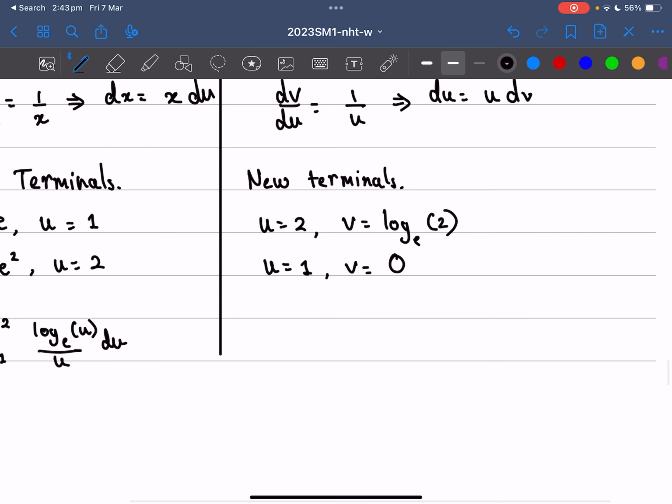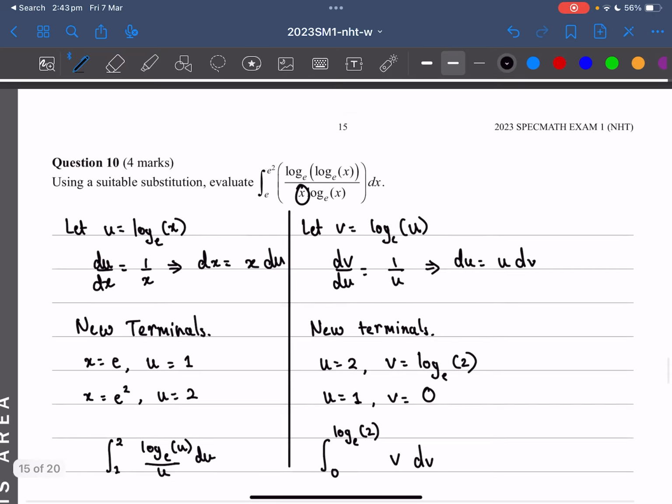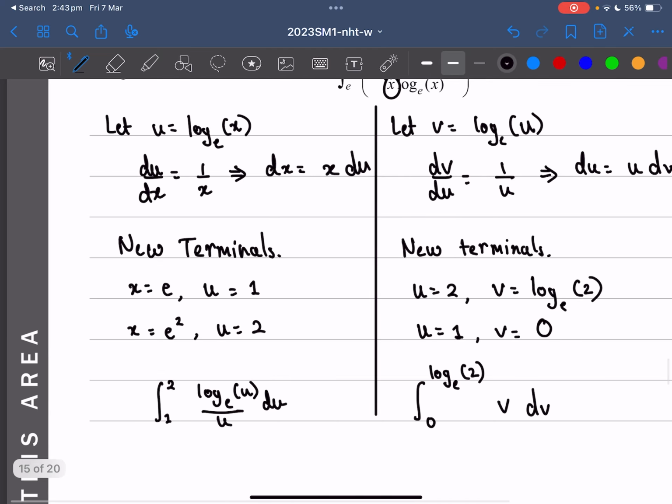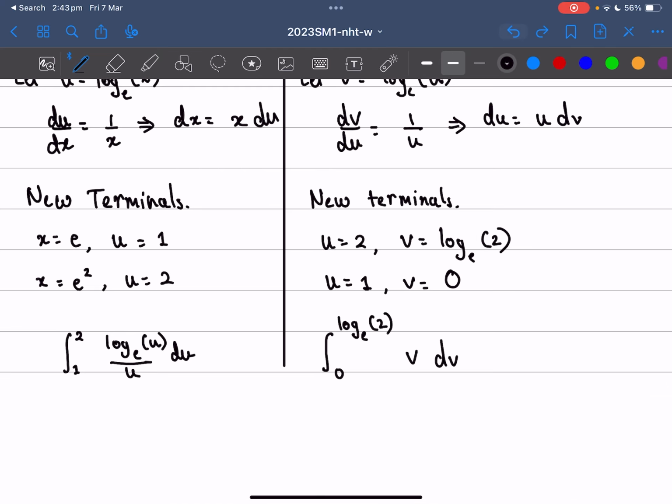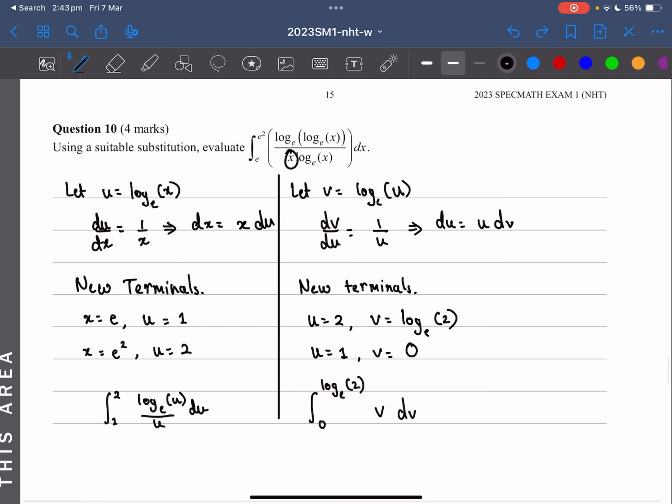So now our integral becomes from 0 all the way to log base e of 2 of v dv. Now again, how I got just v over here: we have v on u in the integral, and then we also have u dv, so that cancels out.